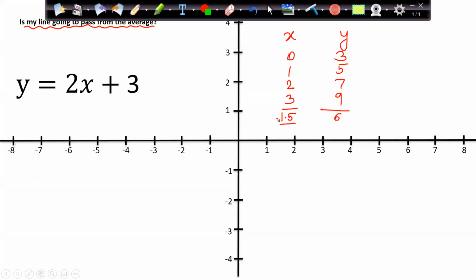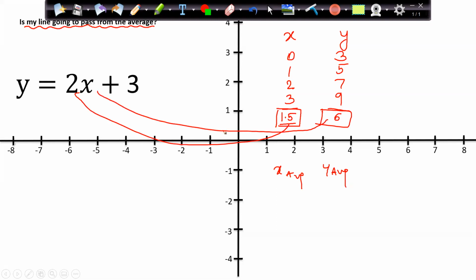Now can I say this is one of the coordinates, that is the average? X average, y average. Can you pass these points in the equation? Is it satisfying or not? 2 into 1.5 plus 3.